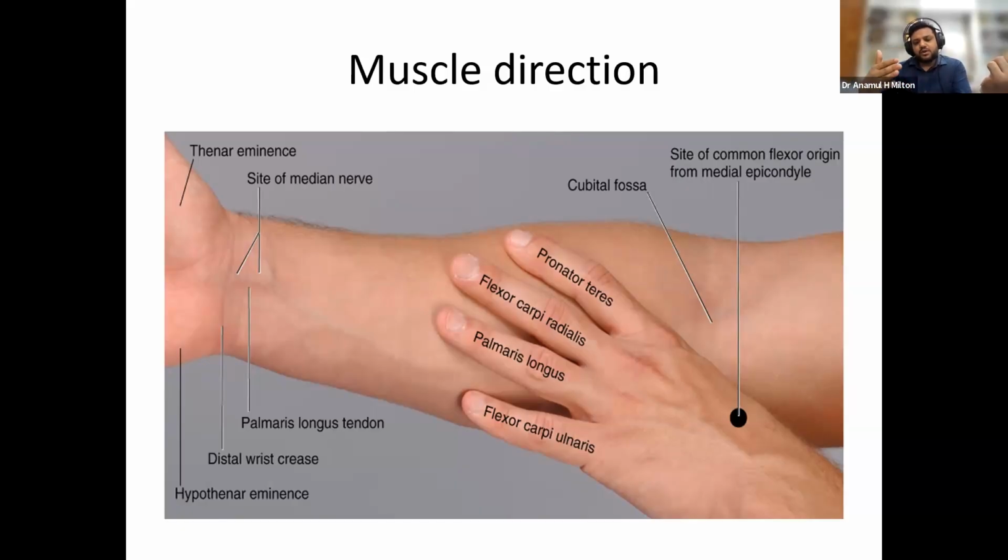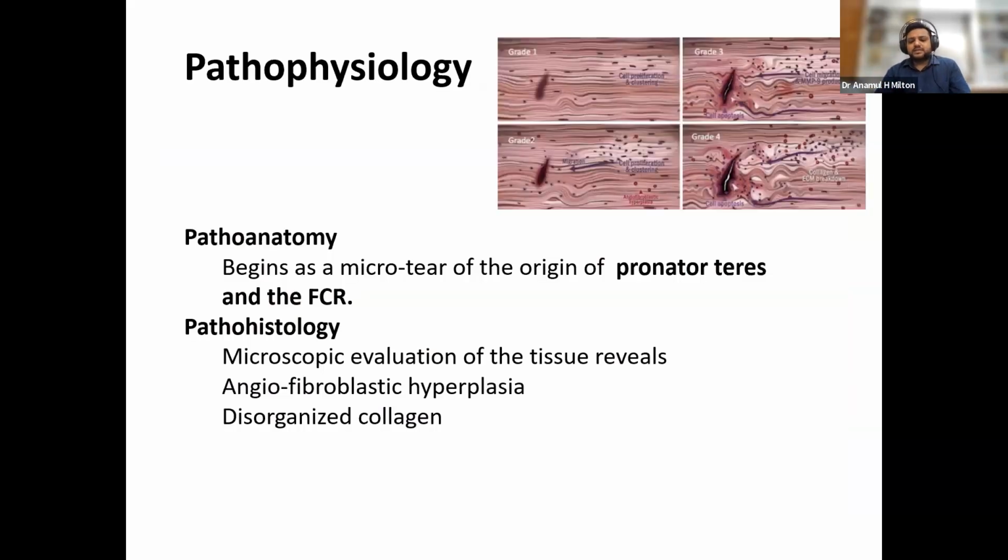So from thumb to little finger, it goes like this: the pronator teres muscle, then the flexor carpi radialis, then palmaris longus, and flexor carpi ulnaris. So here it is distributed. Almost the same, there is the microtrauma.